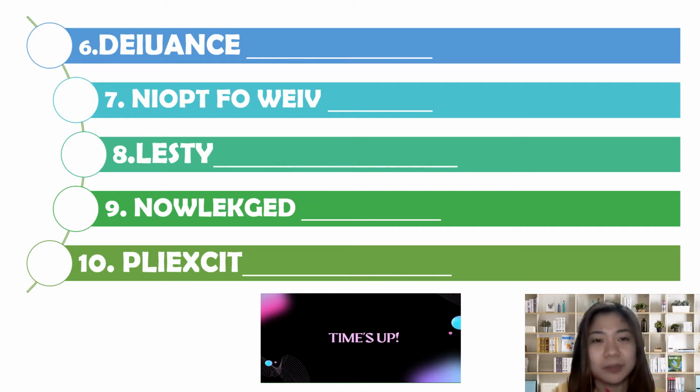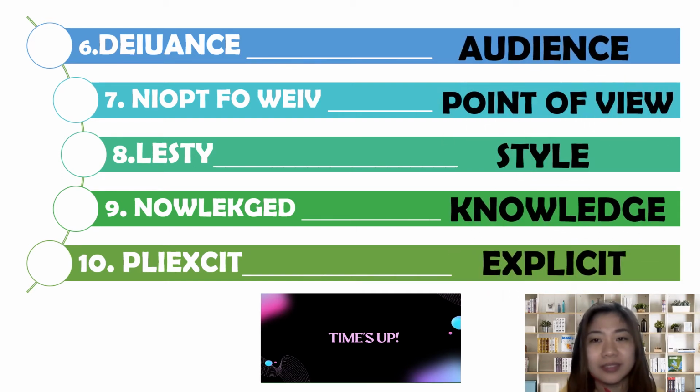Okay, time's up. Let me reveal the correct answers. So we have number 6, audience. Number 7, point of view. Number 8, style. Number 9, knowledge. And number 10, explicit.